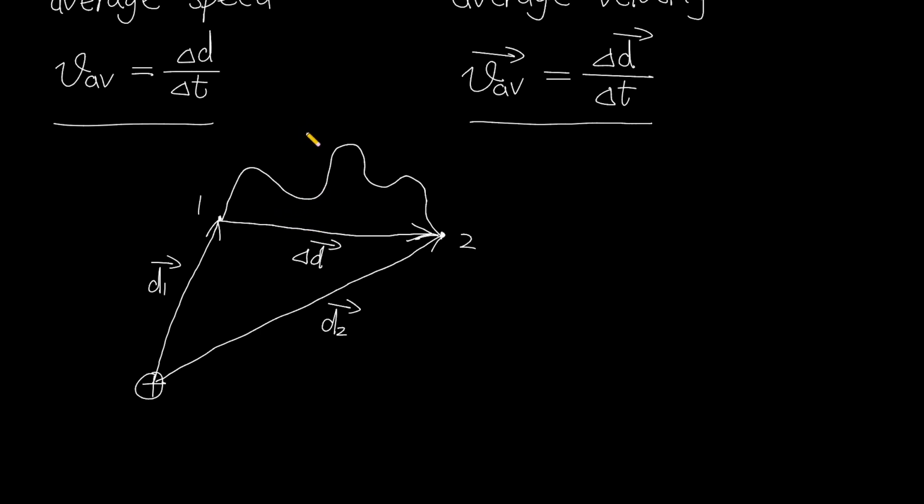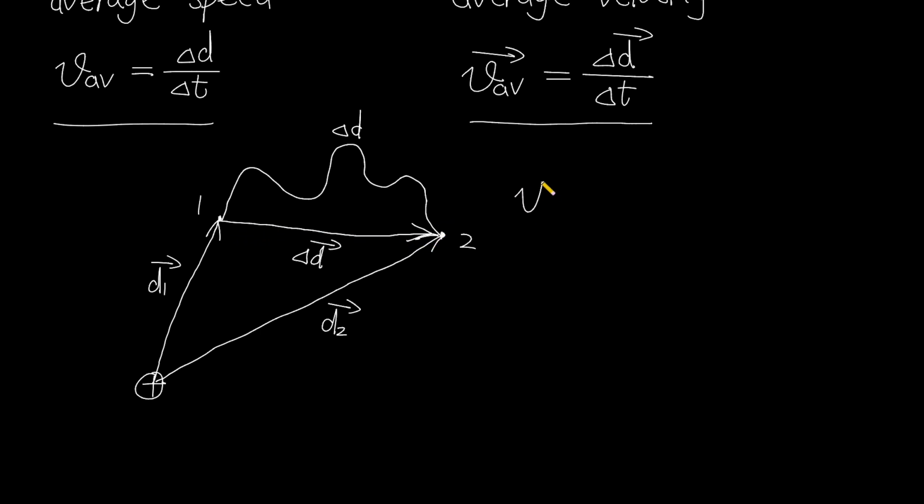And the distance traveled by this object is just the length of this road. We use delta d to represent the total distance. From here, we can find that the magnitude of the distance is also different from the magnitude of the displacement.